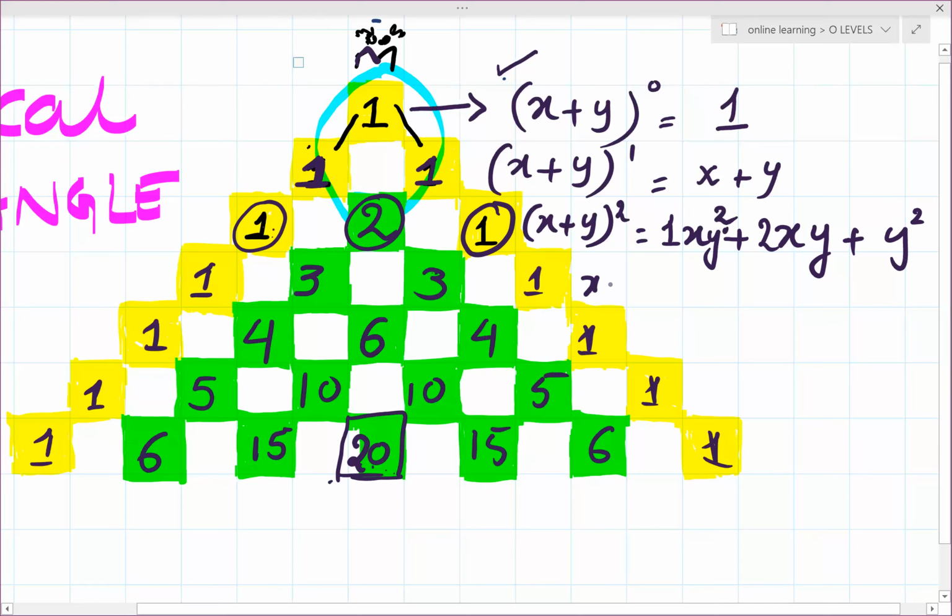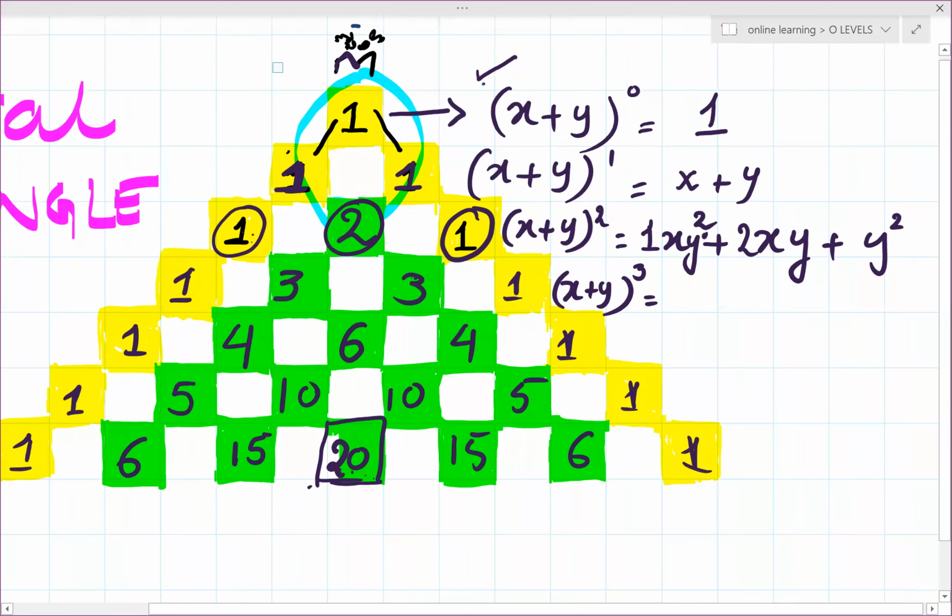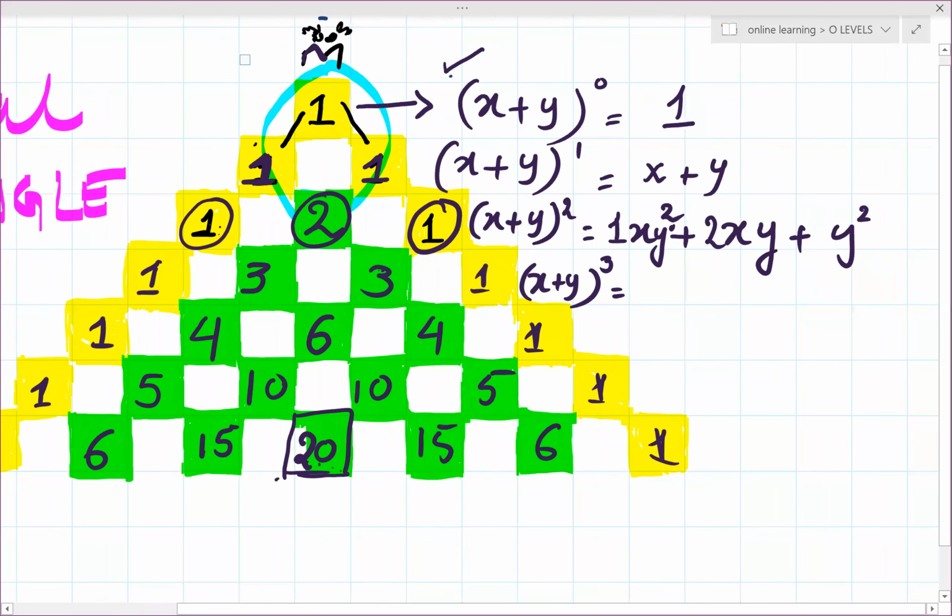Now let's solve it for the equation (x plus y) raised to power 3. I'll start with the greatest power of x, and 1 is multiplied.